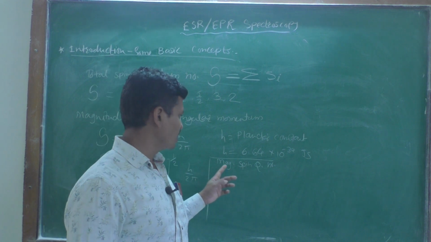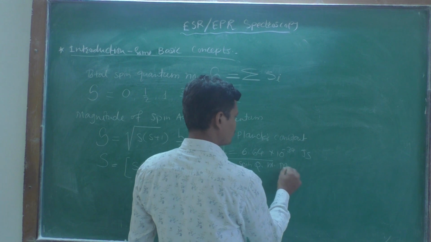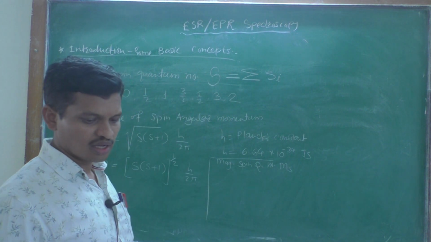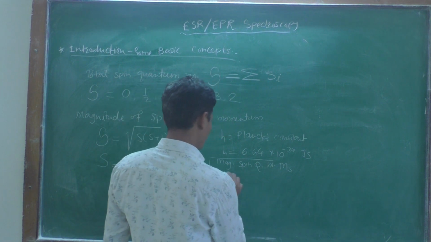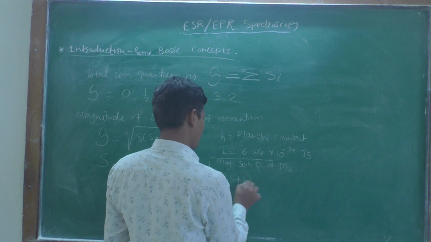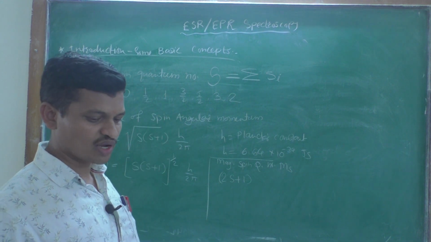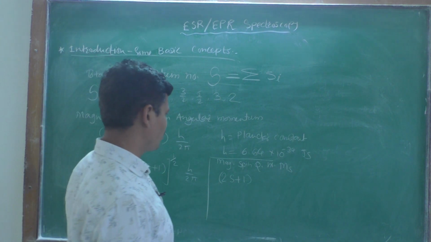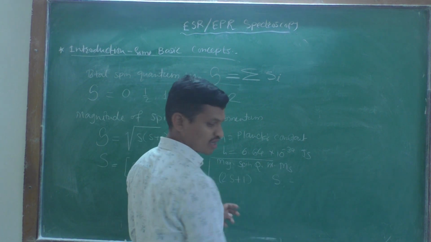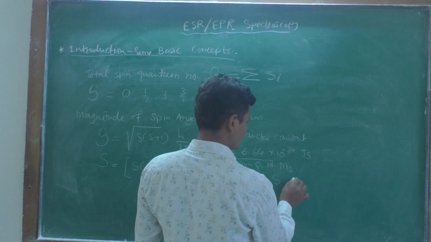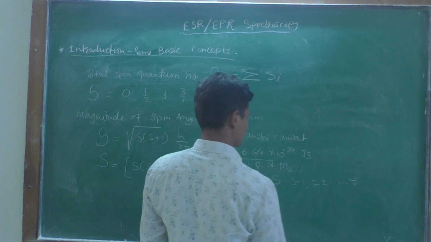This magnetic spin quantum number ms can take 2s plus 1 values, varying from s, s minus 1, s minus 2, up to minus s.